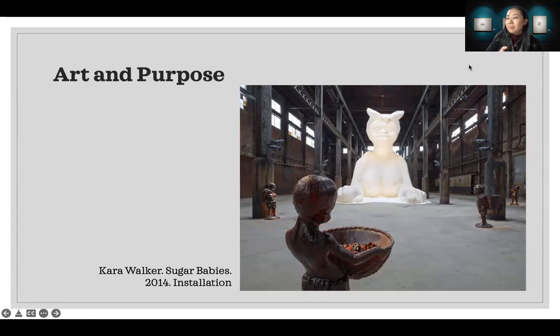So then, please see this sculpture, and can you guess the material of this sculpture? Sugar. Yes, sugar.